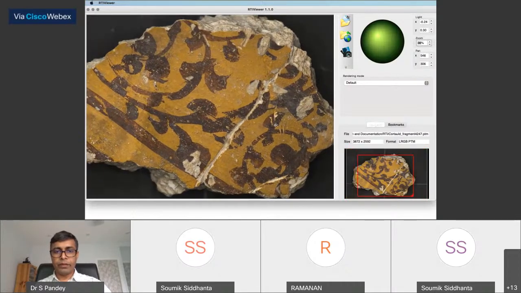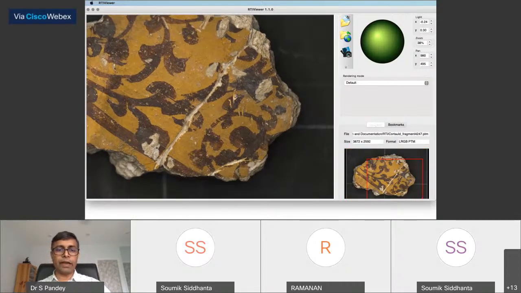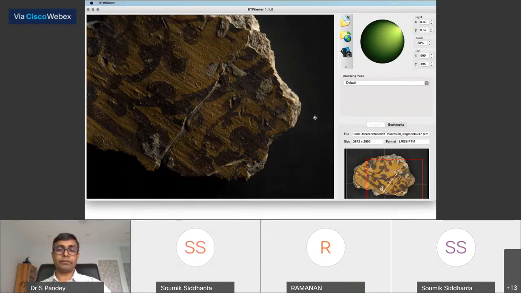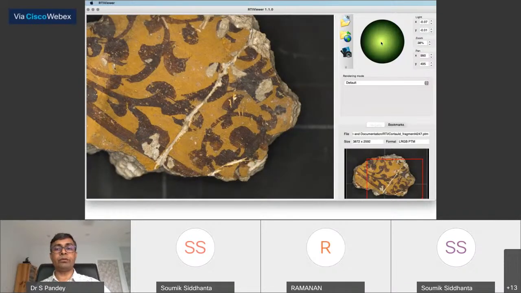Now, here you see a couple of scratches in the paint layer. Now, these scratches, what they actually are, when you turn the light around, you will see it. Here it is. So this is what RTI can give you. These are dents, which are quite deep here, which is not visible to the naked eye when you have light coming from the front.